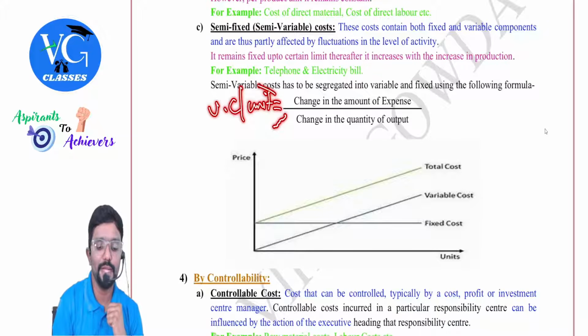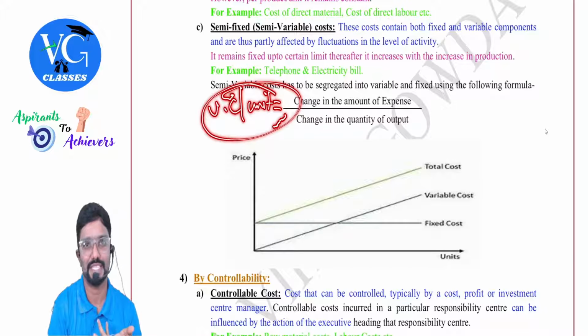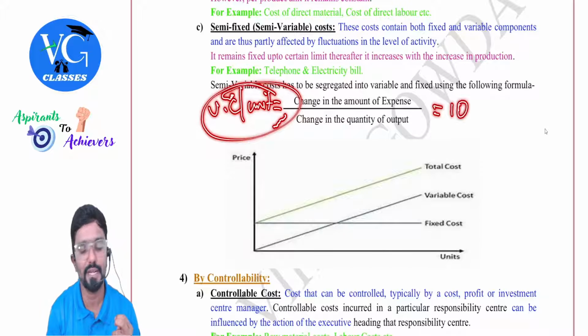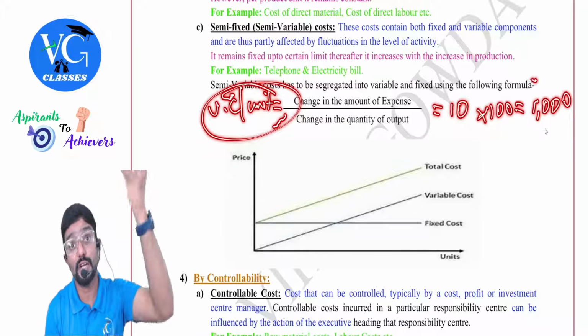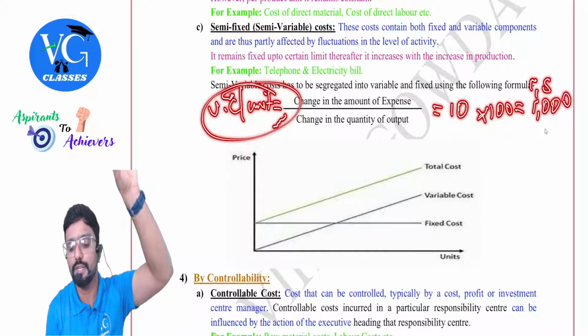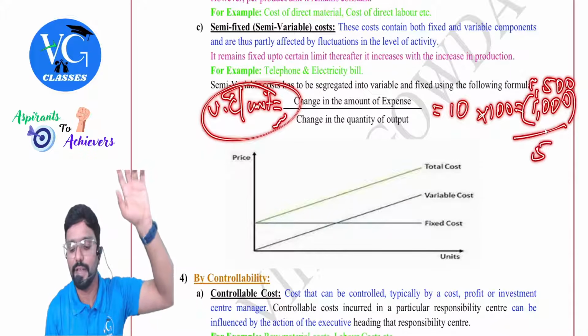Clear? Then if you multiply whatever you have got with the number of units, what do you get? Total variable cost. For example, guys, assume you got 10 rupees here. Number of units is 100. So what is your total variable cost? 1000. Now assume your total semi-variable expense is 1500. So minus 1000 variable, what is the 500?